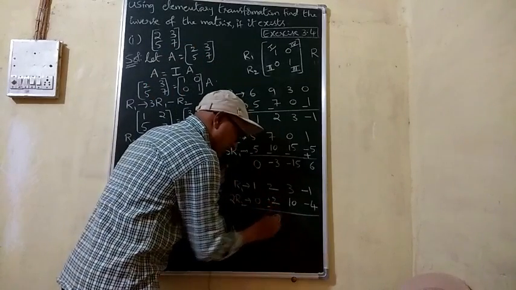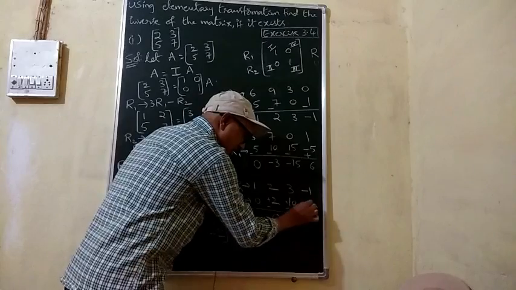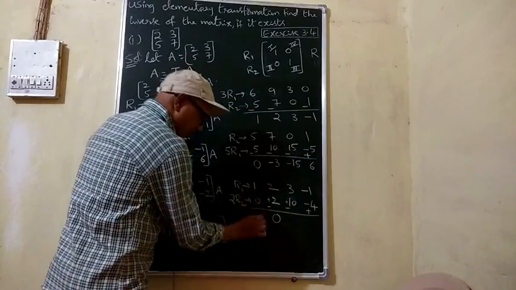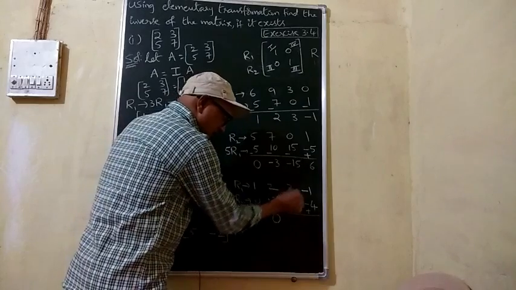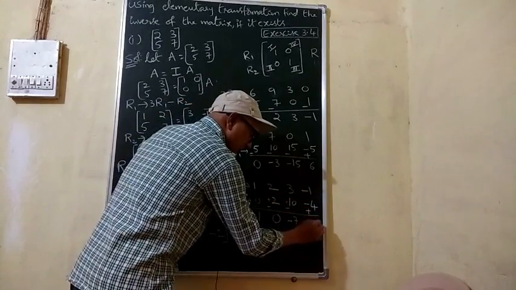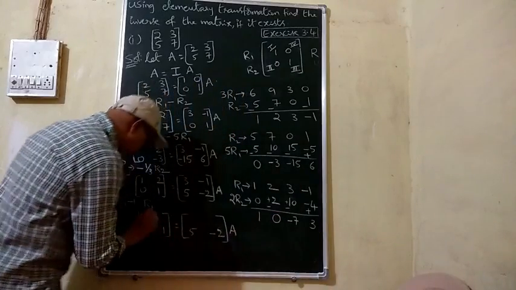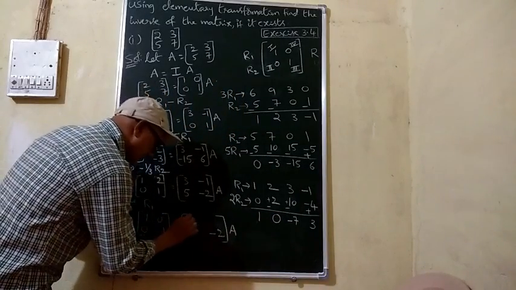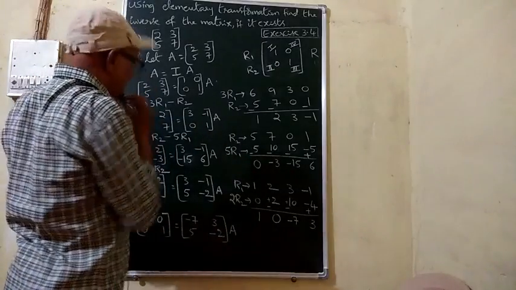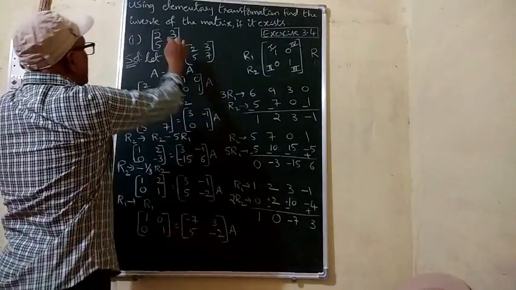Plus becomes minus, minus becomes plus. 1, 2 minus 2, 0. 3 minus 10, minus 7. Minus 1 plus 4, 3. So 1, 0, minus 7, 3.